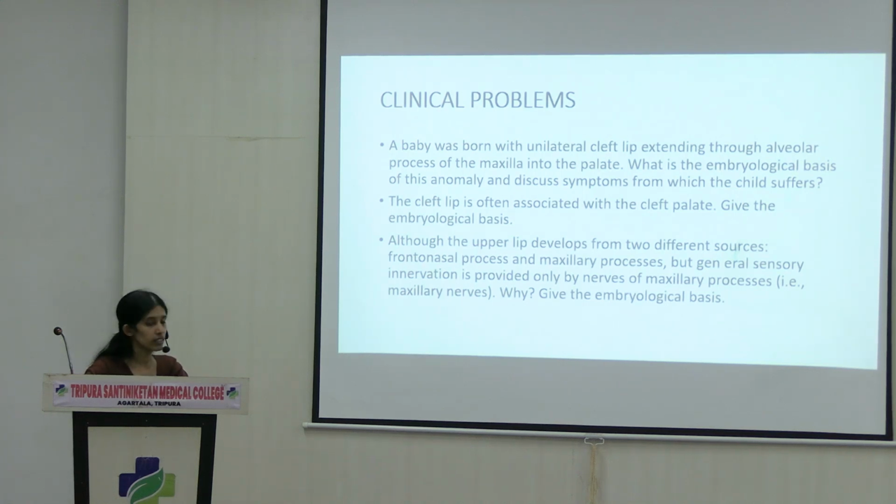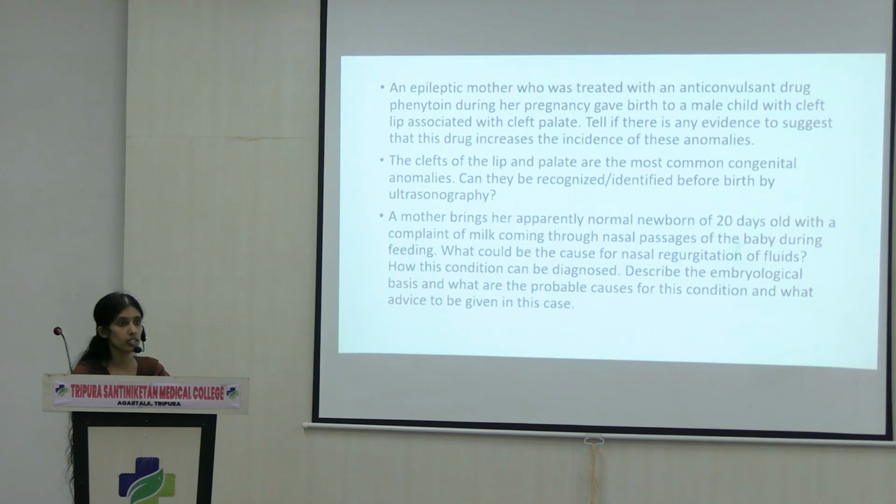If it is developing from both, the frontonasal process, the innervation can also happen by your ophthalmic nerve, right? And for the maxillary process, we have maxillary nerves. But here the innervation is happening only by the maxillary nerves, but not by the ophthalmic nerves of the trigeminal nerve. What is the embryological basis? Why?